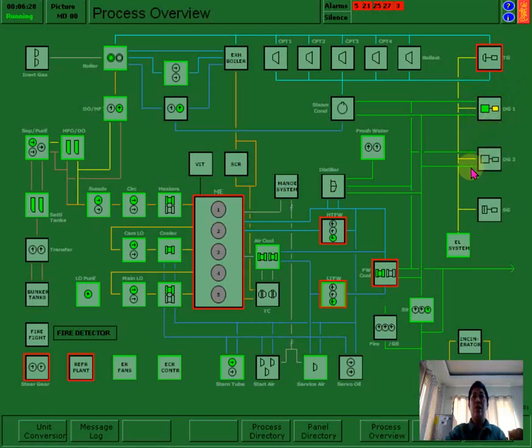We will start generator 2 or DG2 in order to see the automatic starting and stopping of the prime mover and the automatic synchronizing and what we call the automatic load sharing. So we'll start DG2 now.